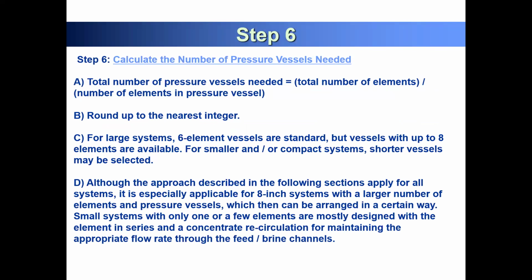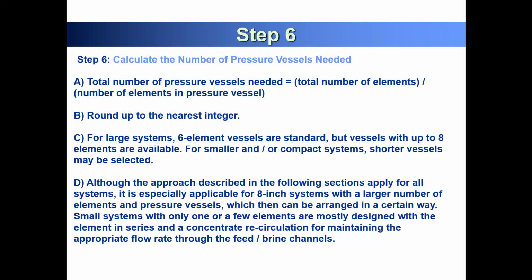And the next step is we need to allocate these elements in pressure vessels, right? So how many pressure vessels are needed for 100 elements? The total number of pressure vessels needed is the total number of elements over the number of elements per pressure vessel. So we want to put 7 elements in one pressure vessel, right?